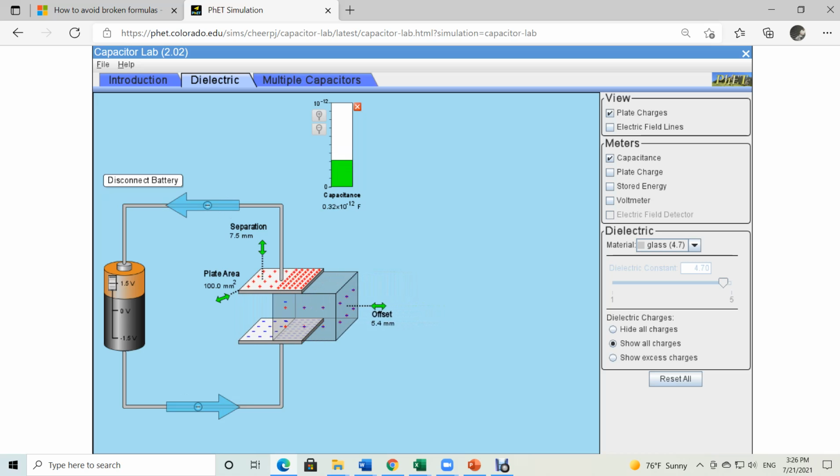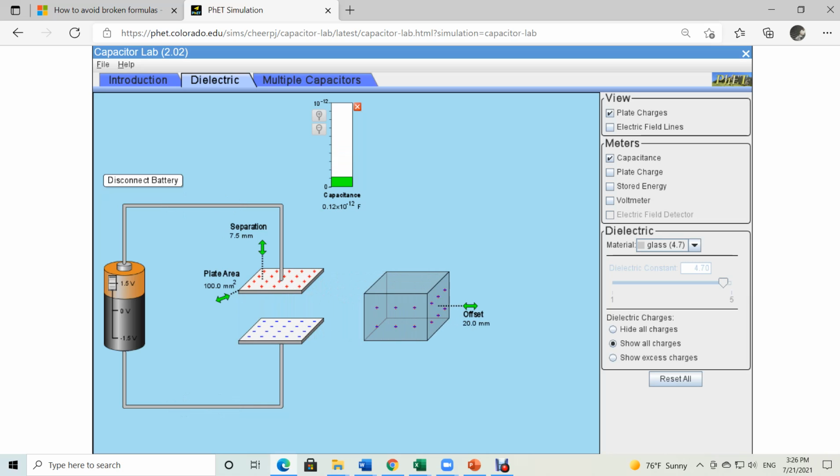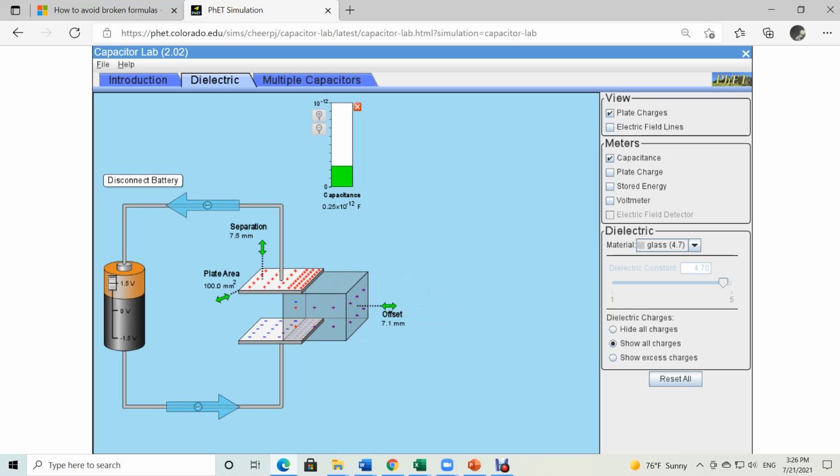We can also have a different capacitance if you have only a fraction of the dielectric inserted. No dielectric, right? The capacitance is minimal. We keep on inserting the dielectric, the capacitance keeps on increasing little by little. See that?